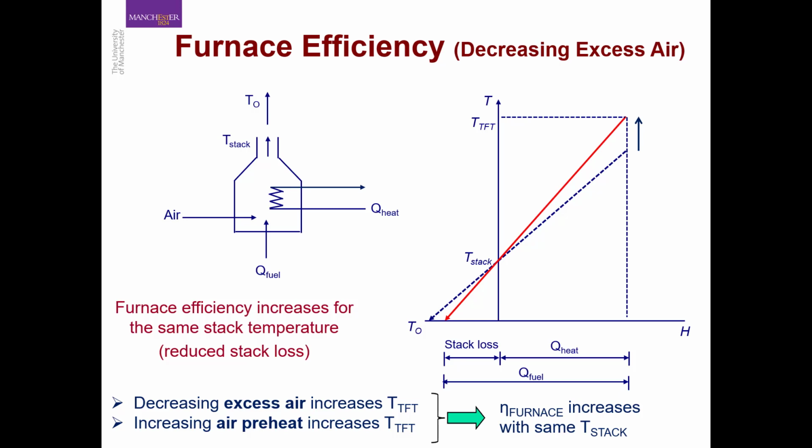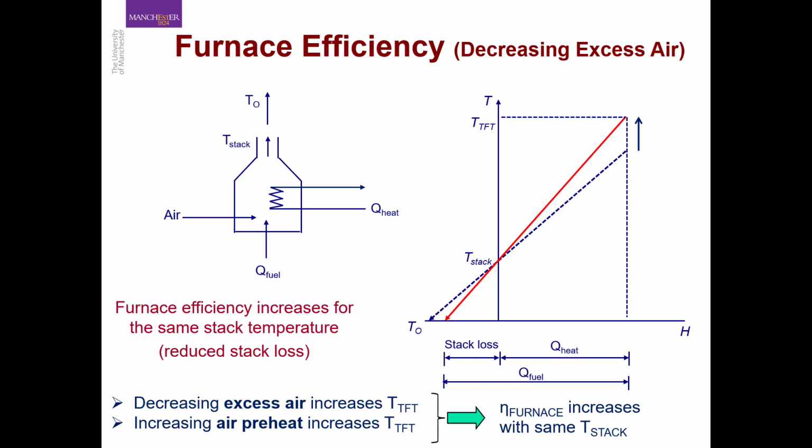Okay. Another way that we can increase the efficiency of the furnace is by preheating the air that you are providing to the furnace to burn the fuel. And this preheating of air will actually increase TFT, and if you increase TFT, again with the same logic, you will reduce your stack loss here.